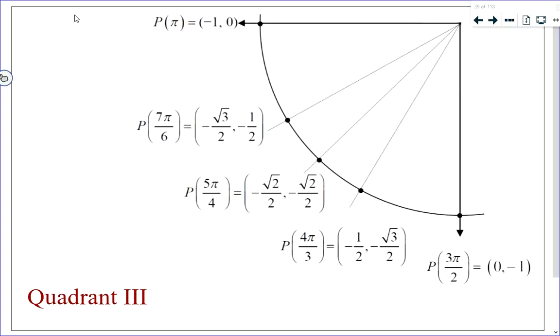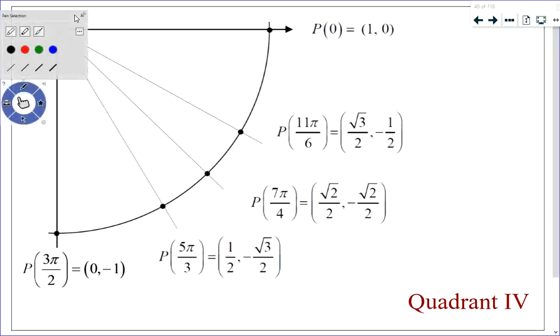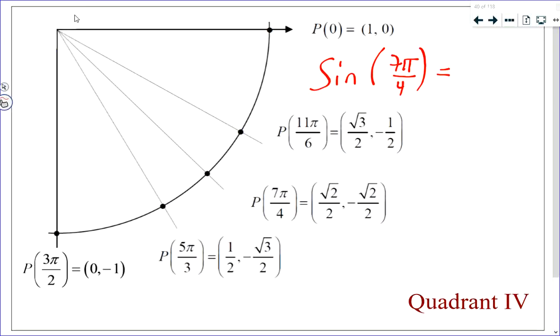Now I want to stop here for a second because when we learn the unit circle, we're doing this, what you're looking at here in quadrant 4, because then we can say that if I want to determine, for example, it doesn't really matter, the sine of 7 pi over 4, then I know that the sine on the unit circle is the y coordinate, so I look at 7 pi over 4, it's down here, and I look at the y coordinate, so it gives me quick, easy access to trigonometric values.